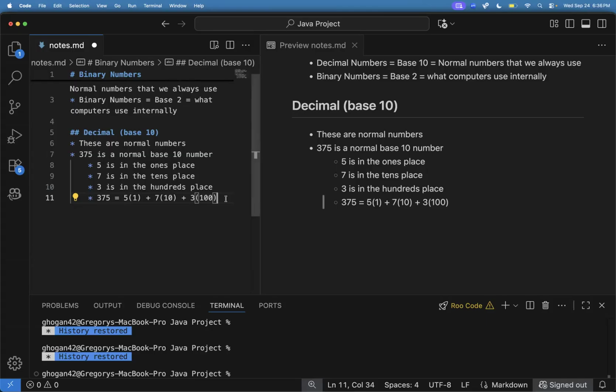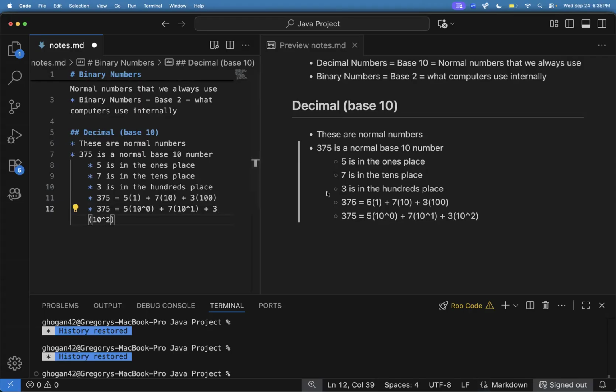I can't type superscript here, so I'll write it this way: 375 equals 5 times 10 to the 0, plus 7 times 10 to the 1, plus 3 times 10 to the 2. So 10 to the 0 is 1, 10 to the 1 is 10, and 10 to the 2 is 100.